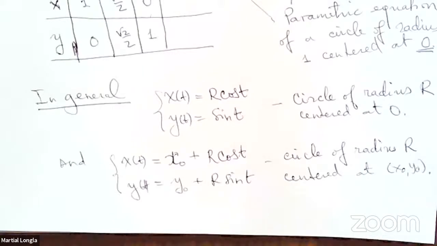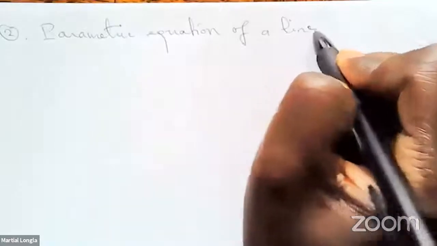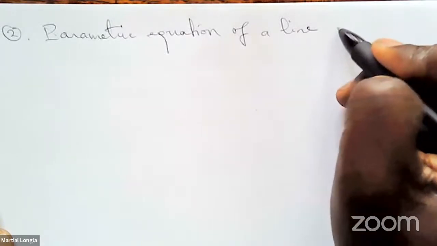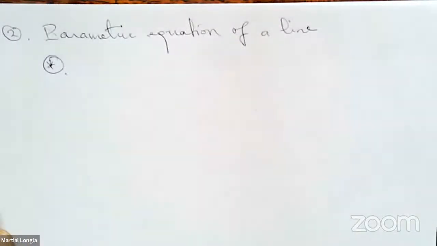So that's the parametric equation of a circle. Now, for a line, you have two cases here.